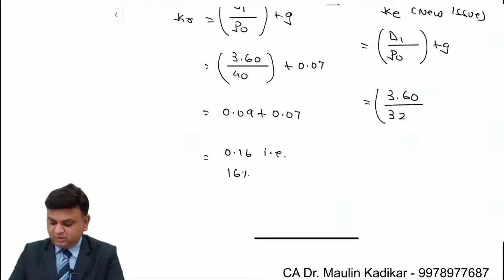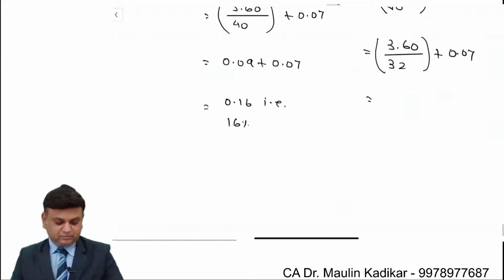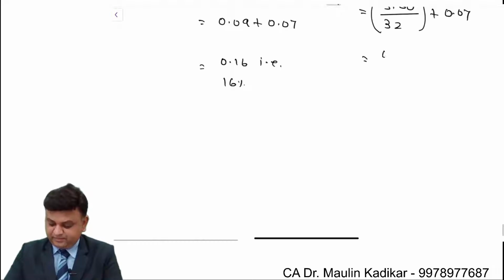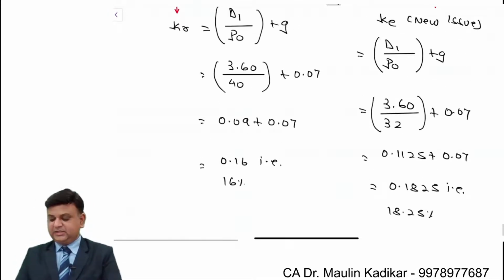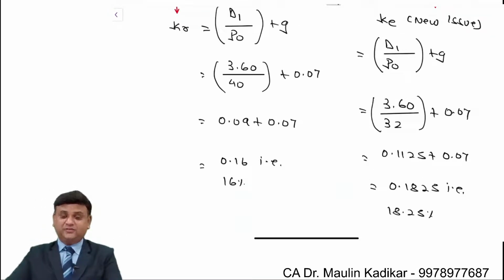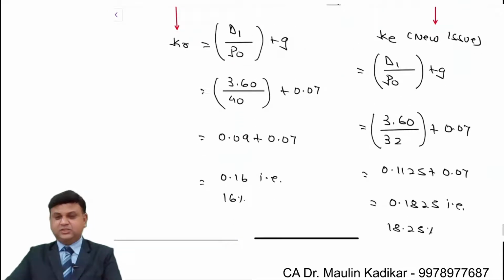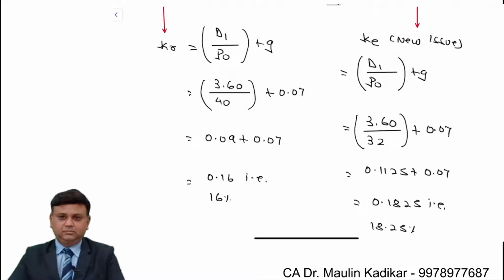So divided by 32 plus growth rate 0.07. So 3.6 upon 32, so 0.1125 plus 0.07, so 0.1825, that is 18.25%. This is the way we are required to calculate the cost of equity for the new issue, and cost of retained earning we already have found, or otherwise you may find it once again as you want.